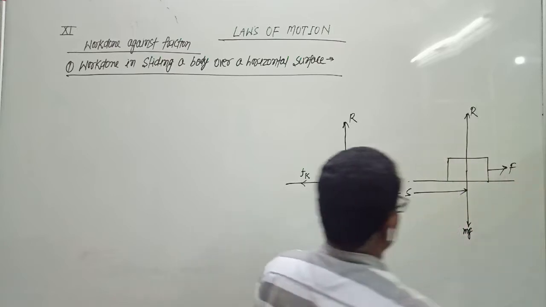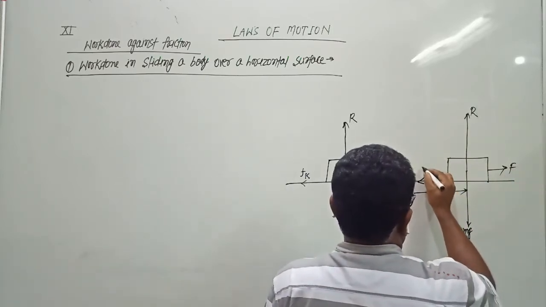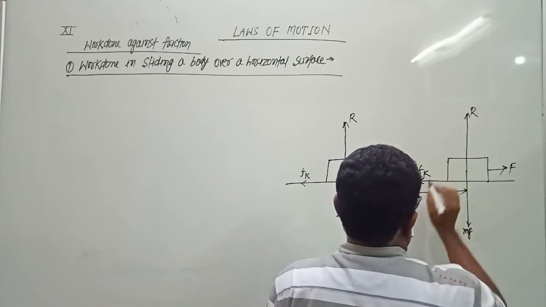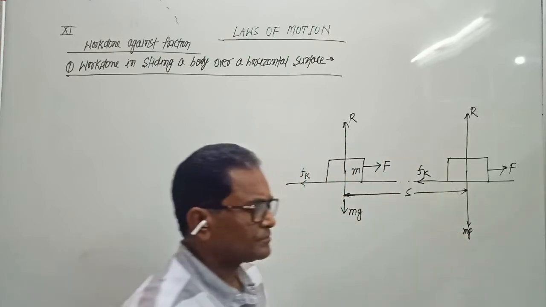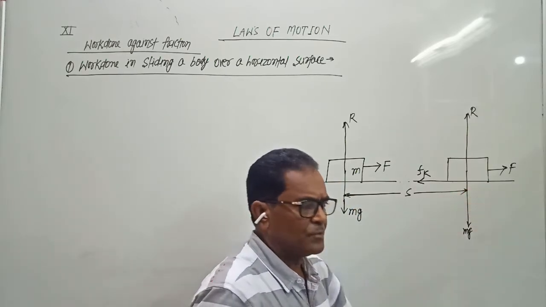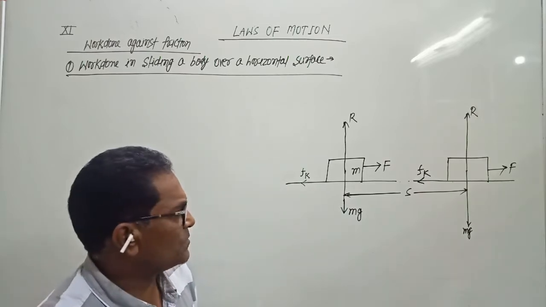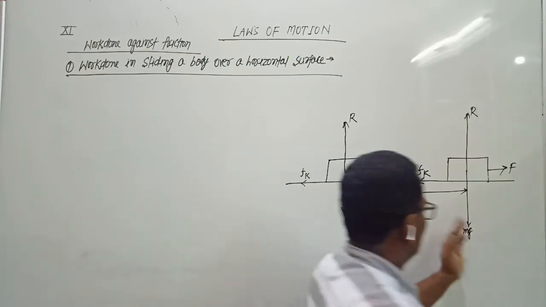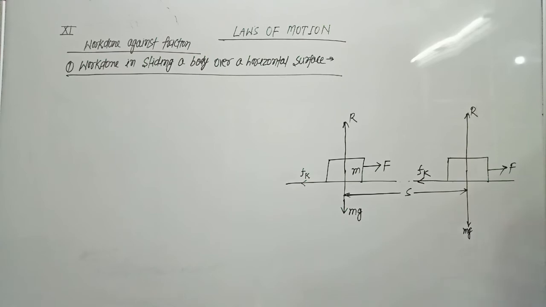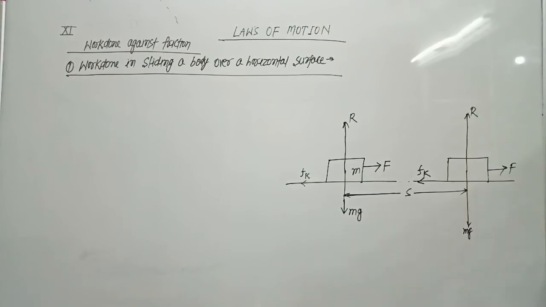F is the force in the forward direction and kinetic friction Fk in the backward direction. So this was the initial position and this is the final position.